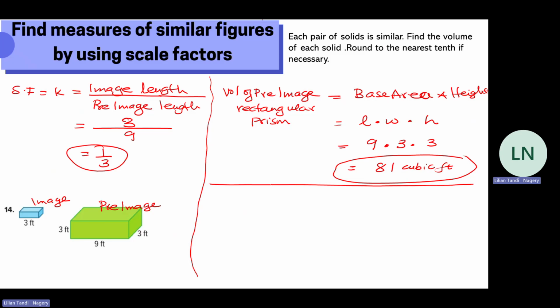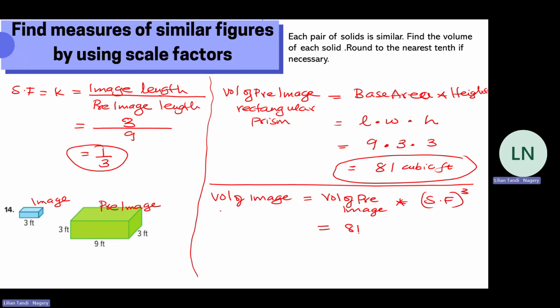Now, what do I want? Volume of image. Volume of image, which is also a rectangular prism, is given by volume of pre-image multiplied by the scale factor cubed.